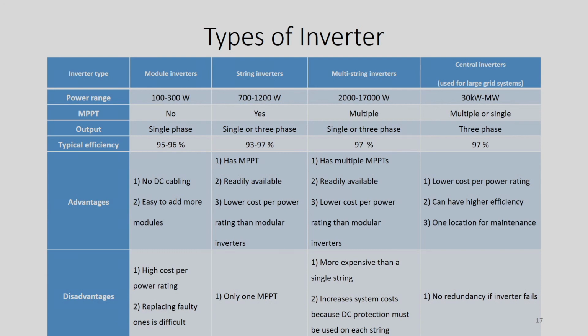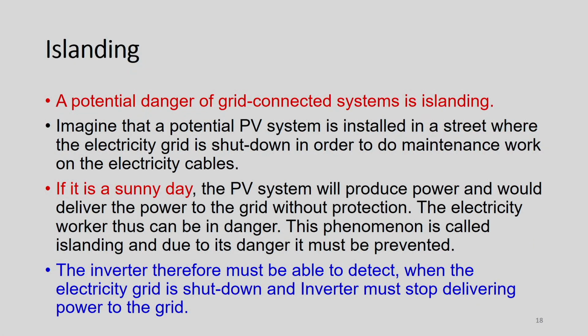Now, let us understand what islanding is, why it is so important, and why this component needs to be attached to the inverter. For example, a potential danger of grid connected systems is islanding. Imagine that a PV system is installed in a street where the electricity grid is shut down in order to do maintenance work on the electricity cables.